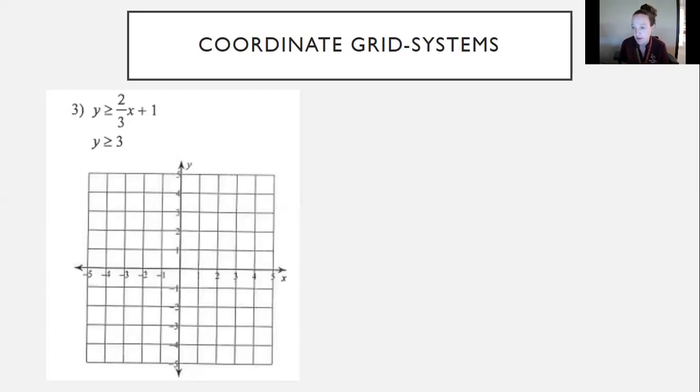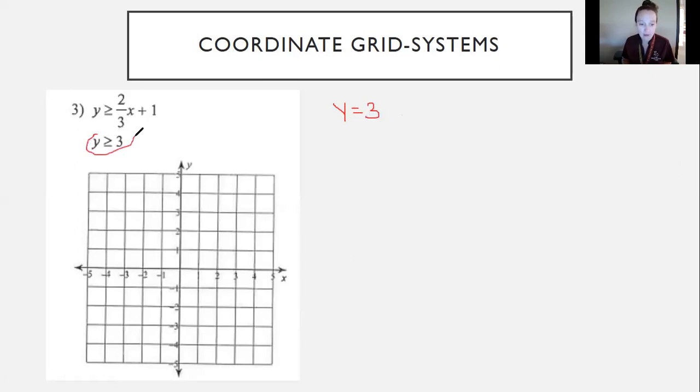So let's try this one. We have two equations. Now again, step one is going to be graph. So let's graph. Let me get this out here. So step one, I have y equals 3. I love that one. I'm going to do this one first.